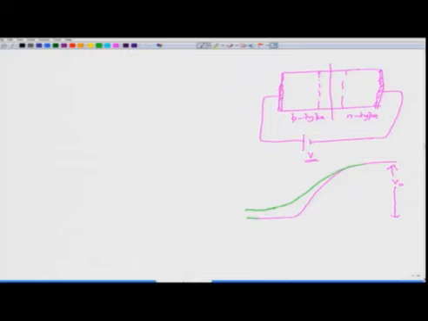As a result this barrier height is now only this much. This is a new barrier height. So, the barrier height is reduced. This is known as forward biasing.